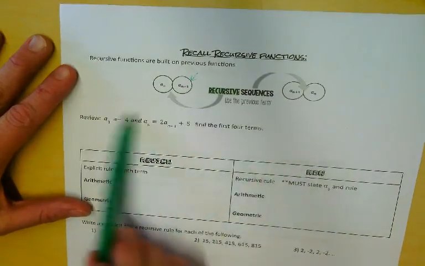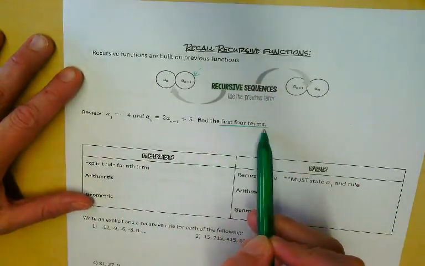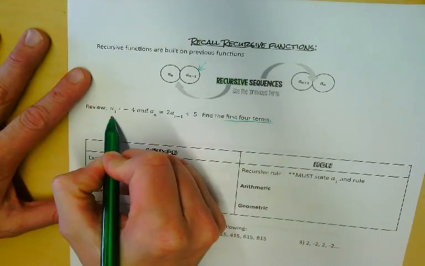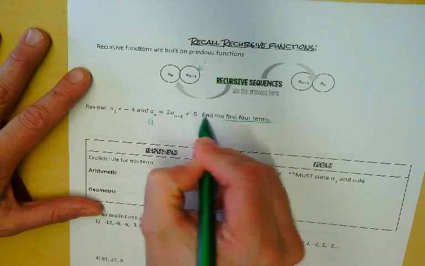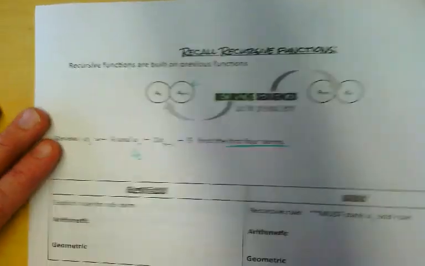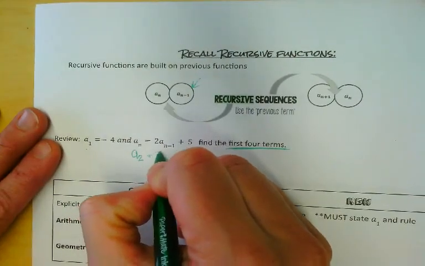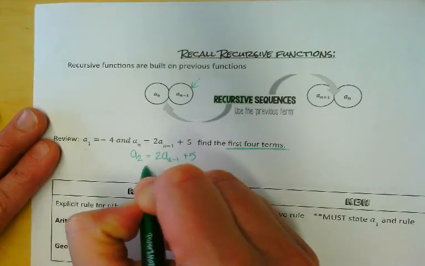So a quick review. We've done this before. This is already an example we have in our book. We want the first 4 terms. So if I have a sub 1, my next goal would be to get a sub 2. So I'm just going to go to my formula, and I'm going to replace all my n's with the number 2. So take a moment, put all 2's into your n's. 2 times a sub 2 minus 1 plus 5.